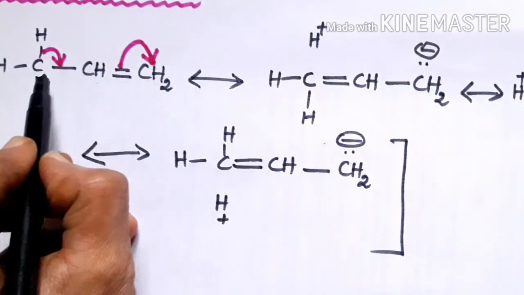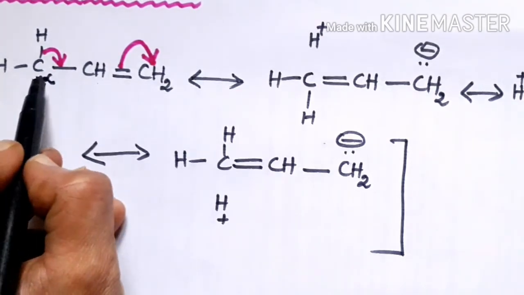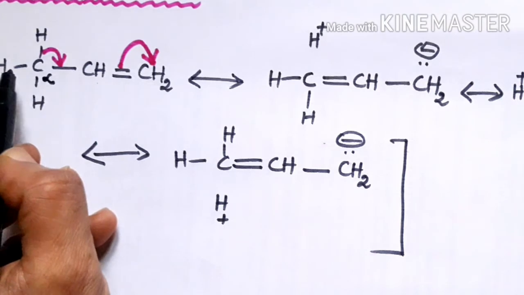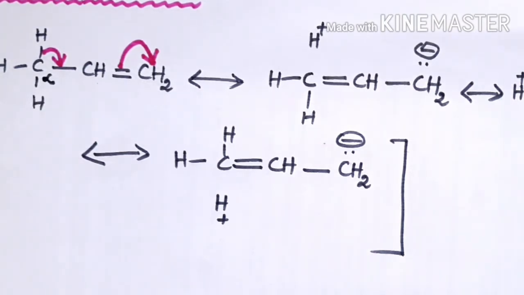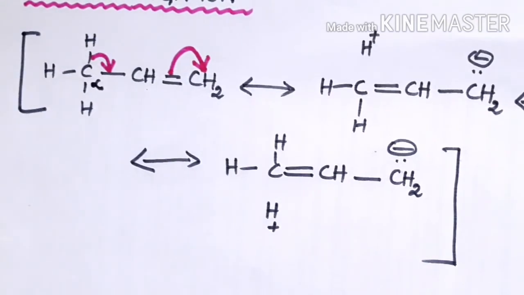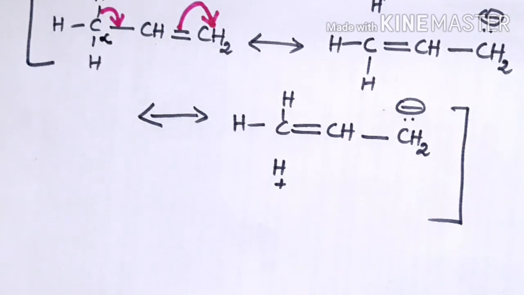So the C-H bonds present on the alpha carbon decide the number of hyperconjugative structures. In all these hyperconjugative structures, there is no definite bond between one of the carbon atoms and the hydrogen at the alpha position, and hence this hyperconjugation is also known as no bond resonance.